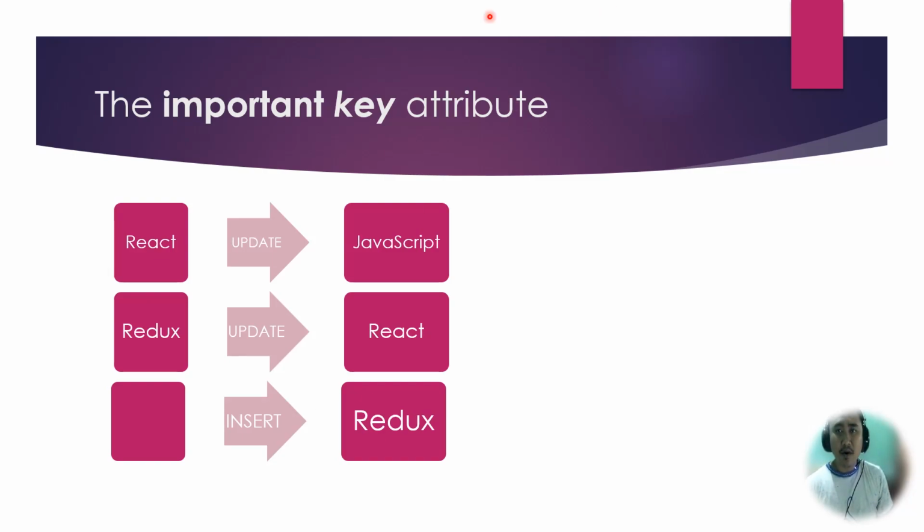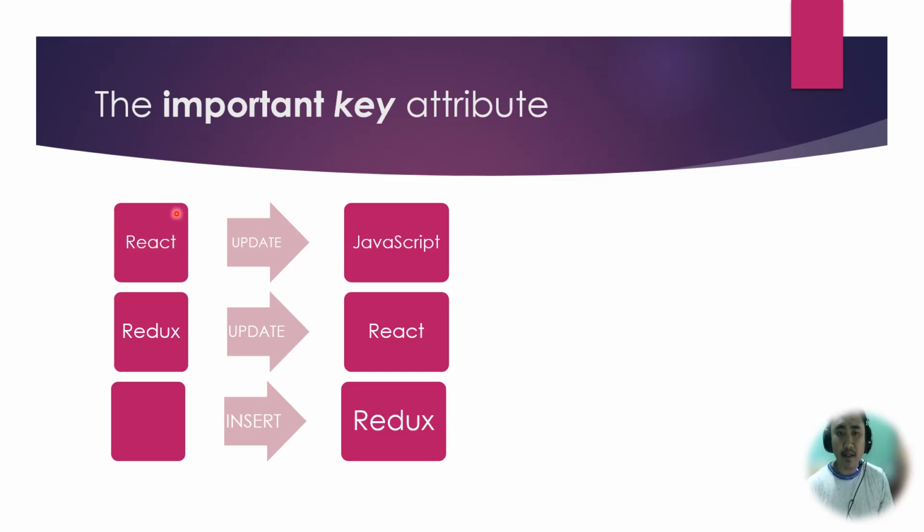So, for example, in our previous list, we only have two items, React and Redux. Let's say we want to add another data. We want to add JavaScript as the third data. Now, without key attribute, behind the scene, instead of inserting the new data first, React will change the React data into JavaScript.